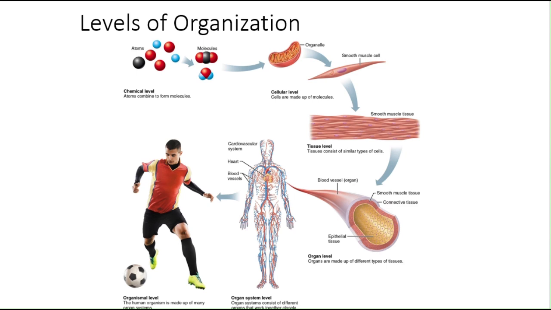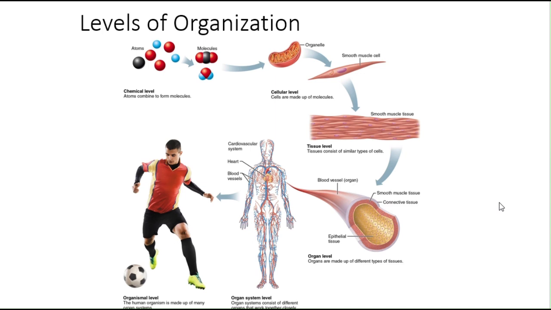And the cells combine or pack together and make tissue. We have different tissues: epithelial tissue, connective tissue, nervous tissue, and muscular tissue. And these tissues come together and make our organ, for example the stomach, small intestine, or large intestine.